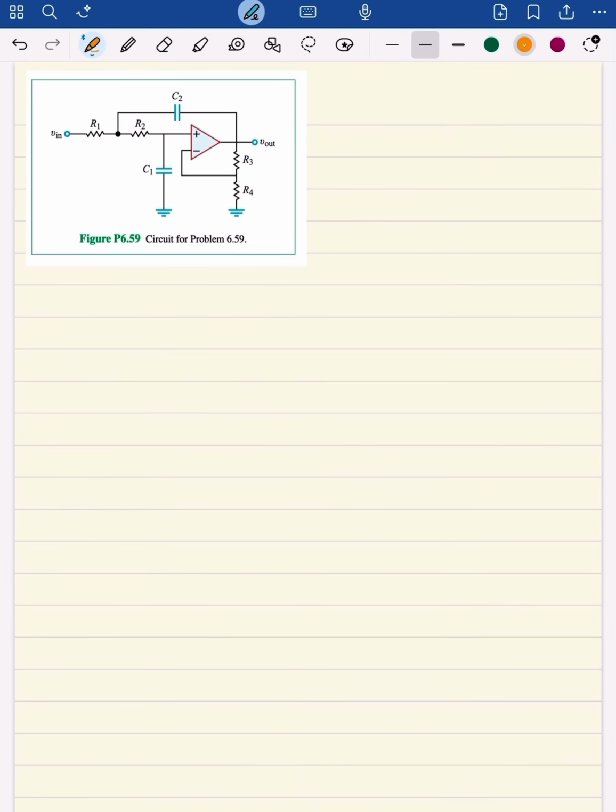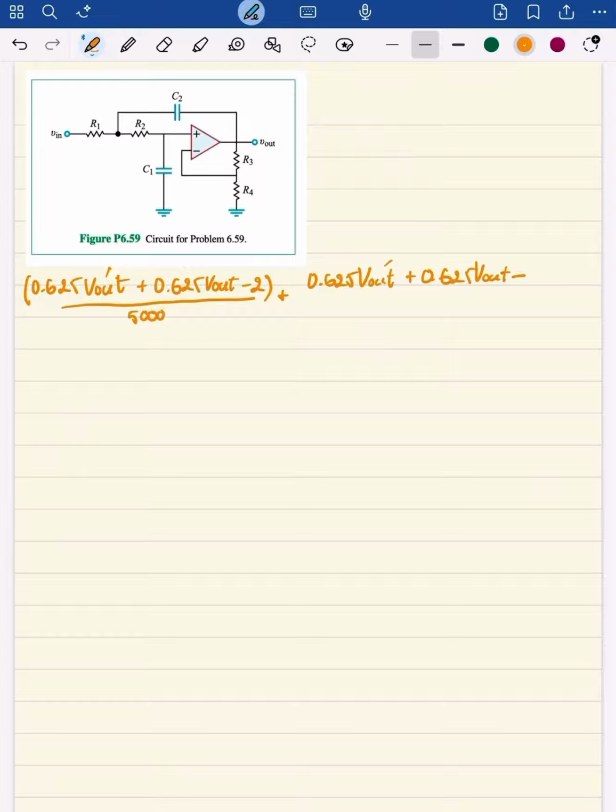Okay, when I substitute everything in, I have (0.625 V out prime plus 0.625 V out minus 2) over 5,000, plus (0.625 V out prime plus 0.625 V out minus 0.625 V out) over 10,000. This right here cancels out.